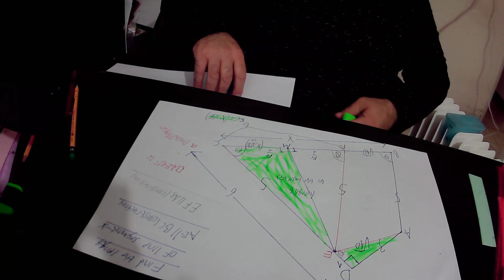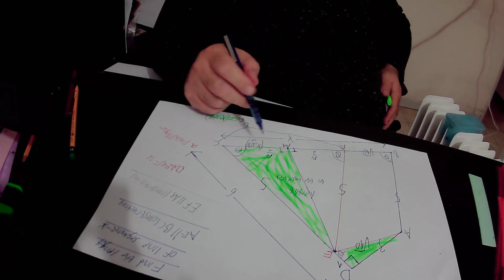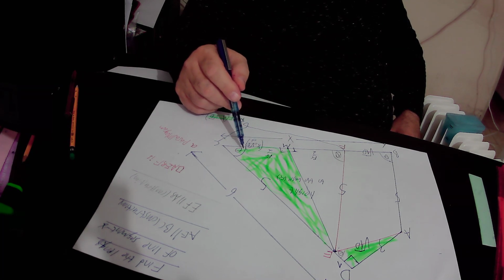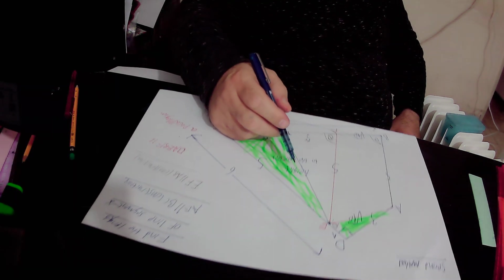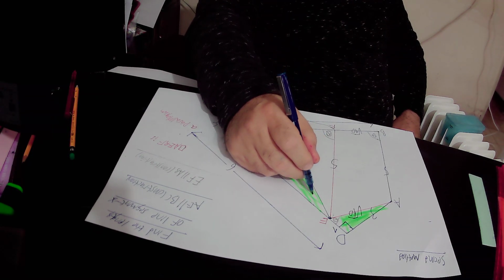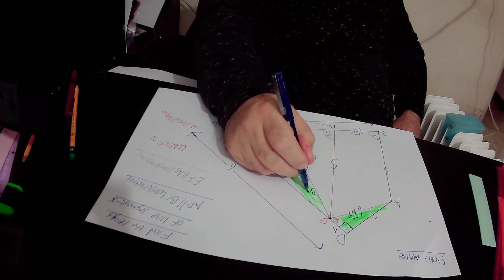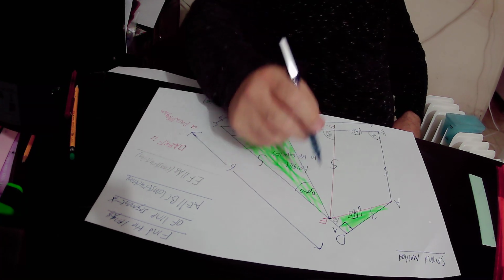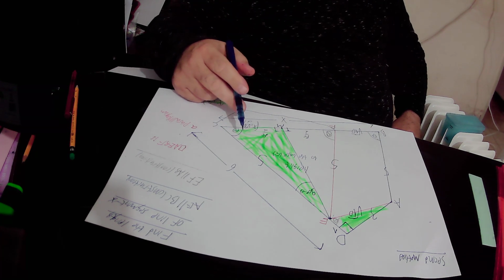First of all, in the green right triangle EMC, this angle equals 90 degrees, this angle equals theta, so this angle must equal 90 degrees minus theta, in order to complete the sum of the angles in this right green triangle.